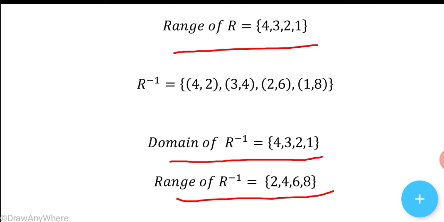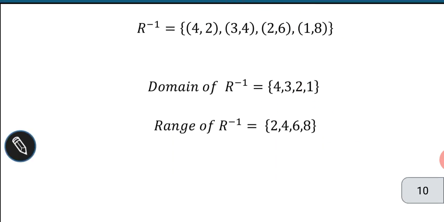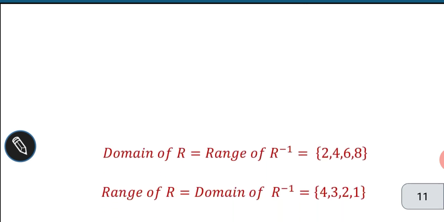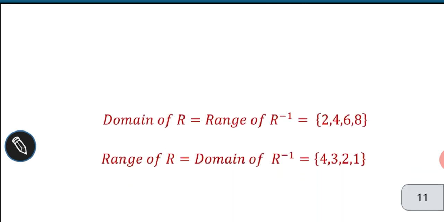So we can equate domain of R inverse equal to range of R, range of R inverse equal to domain of R. Okay, so clearly domain of R equal to range of R inverse is equal to 2 comma 4 comma 6 comma 8, range of R is equal to domain of R inverse equal to 4 comma 3 comma 2 comma 1.